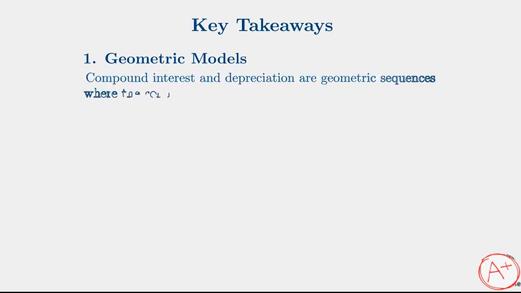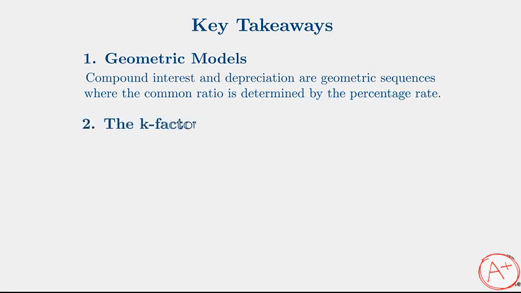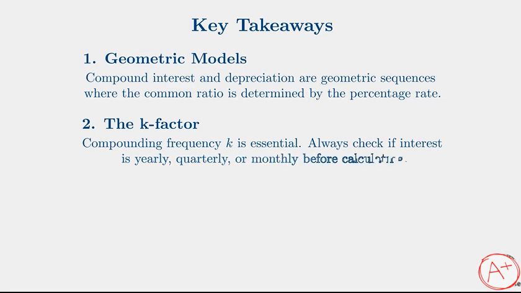To summarize our lesson on the financial applications of sequences. First, remember that all these financial models are just applications of geometric sequences. Interest has a ratio greater than 1, while depreciation has a ratio between 0 and 1. Second, the compounding frequency k is the most common place to lose marks. Always identify if you need to divide the rate and multiply the time by this factor.